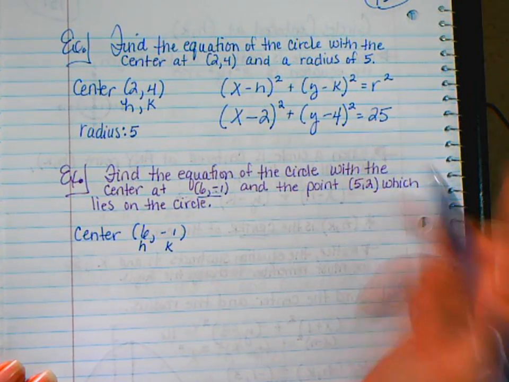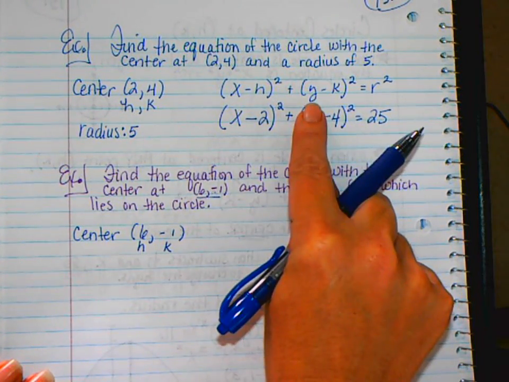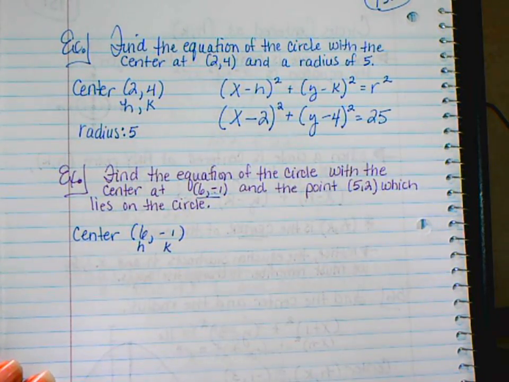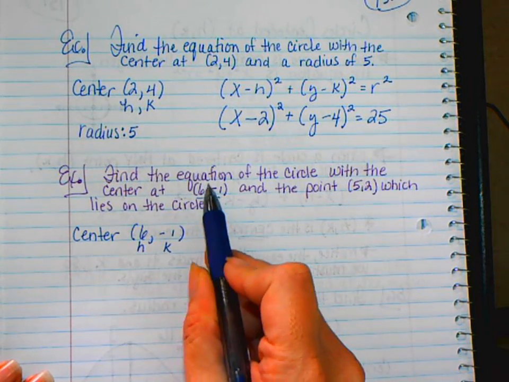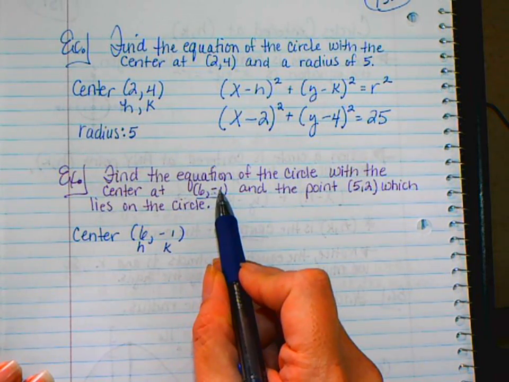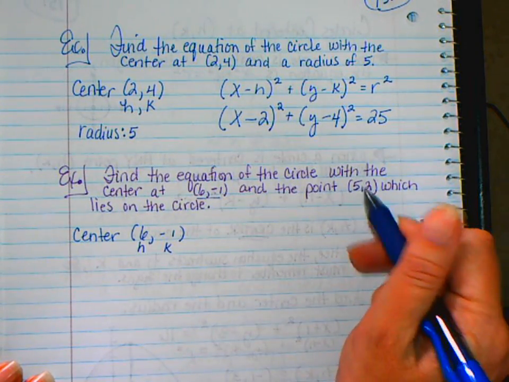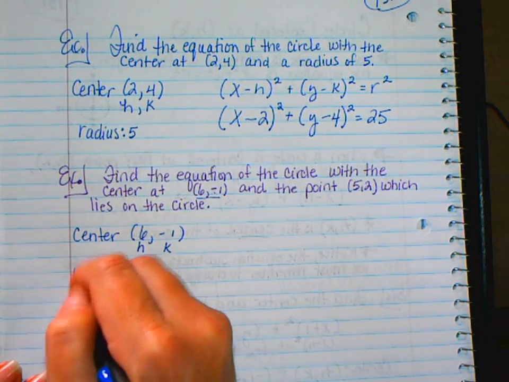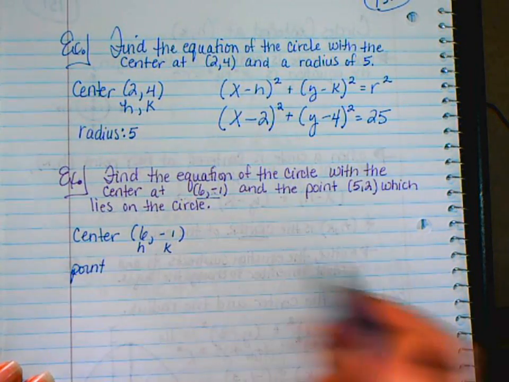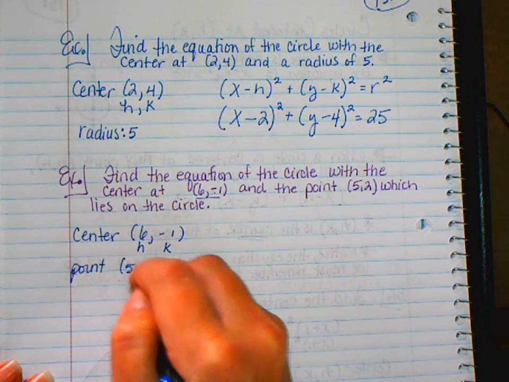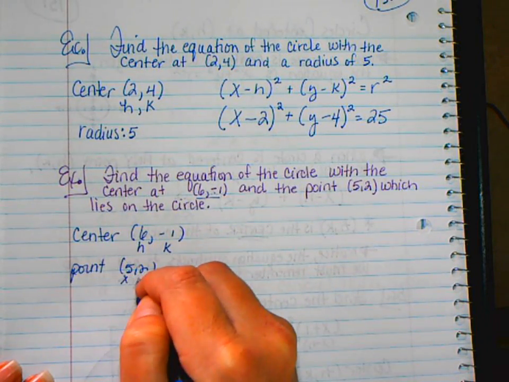Not quadratic. No, we're using the formula for the circle. Yeah, okay. And I'm not changing the sign because they said this is the center. When I plug it in the formula, it will change the sign, right? And then the ordered pair that they gave me, just the point on the circle, is 5, 2. And that's what I'll use for my x and my y.